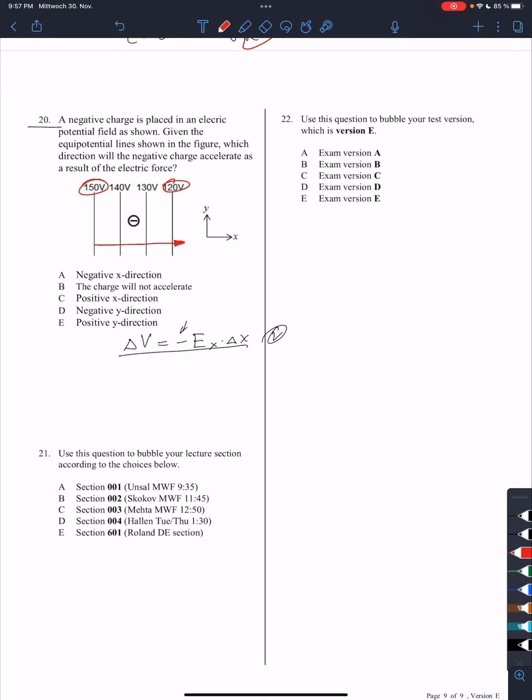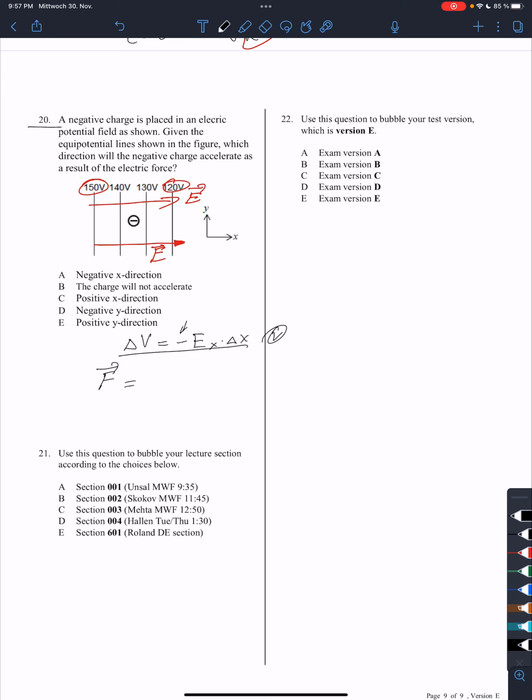Very good. So this is the electric field. Next, given this electric field, we need to find the force on this charge. Well, we know how to find the force. Force is a vector, right?